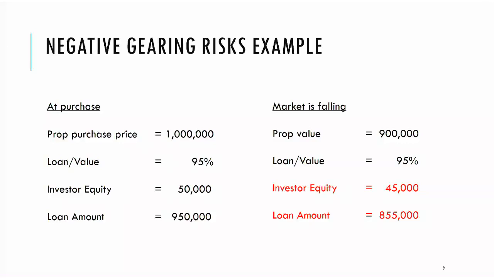If the bank can't sell this property for 855,000, because in this market not many people want to buy it now, and the bank managed to sell it for, say, 755,000, the bank still needs more money to recover. The bank will force you to sell other properties as well.